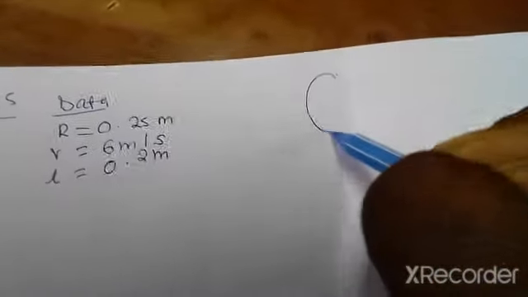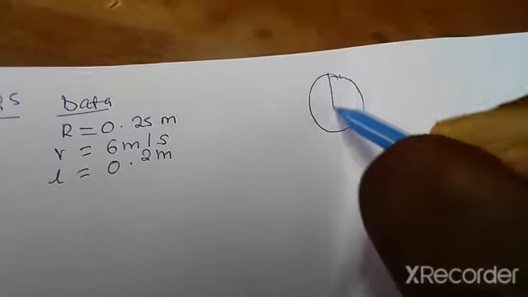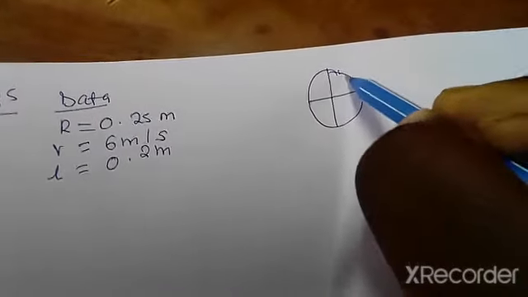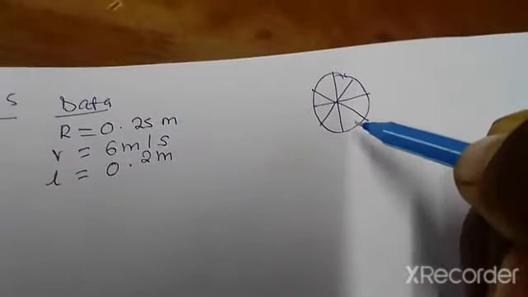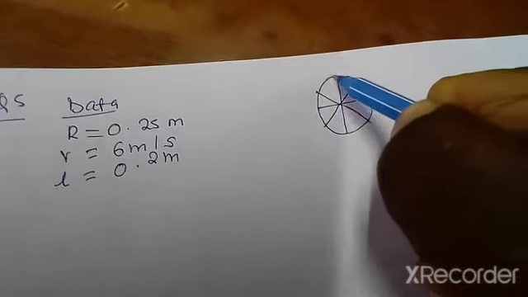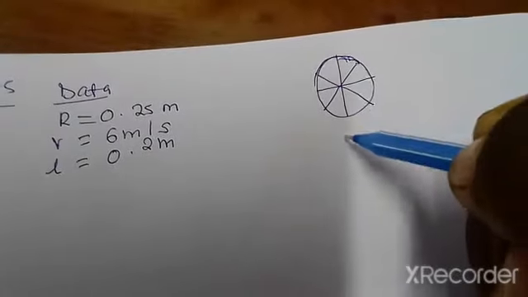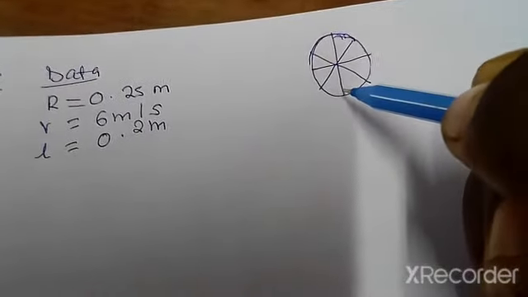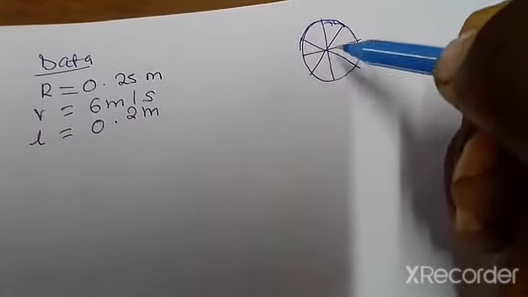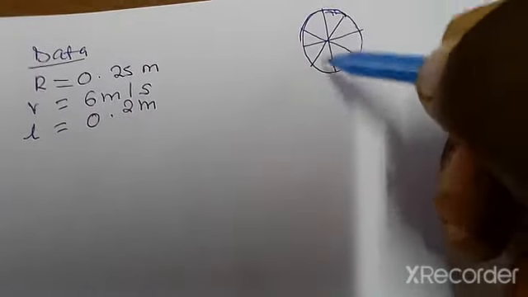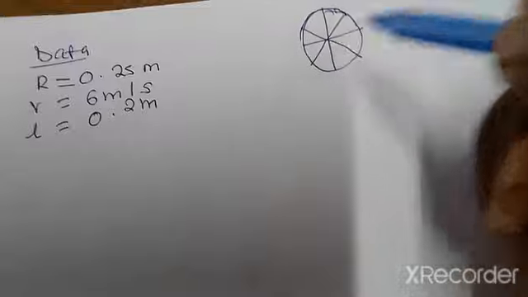Now, if we have a wheel with 8 spokes, then the 360 degrees has been divided into 8, or the 2 pi radians has been divided into 8.